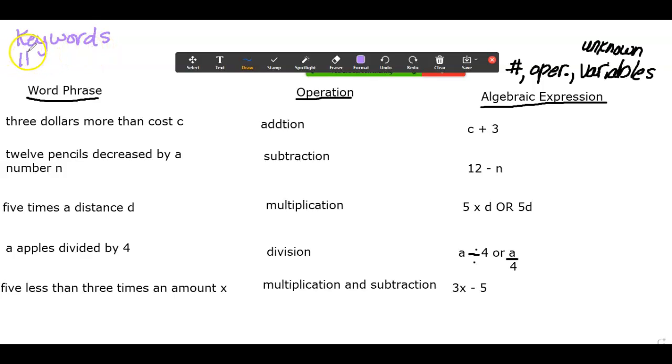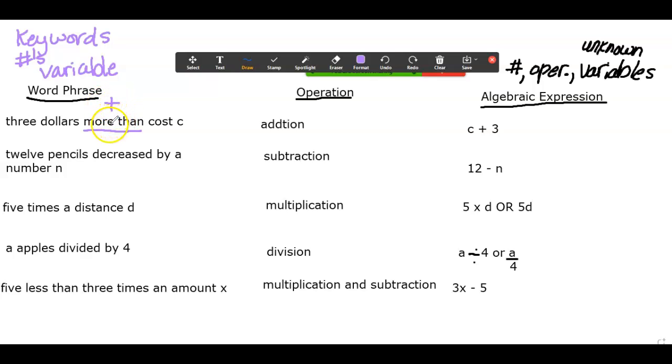I'm also looking for numbers and I'm looking for the variable, which is that unknown letter. So when I look down here, $3 more than cost C, I want to separate three parts. So the keywords, I'm looking for that first. More than, depending on how I use more than, should be addition.